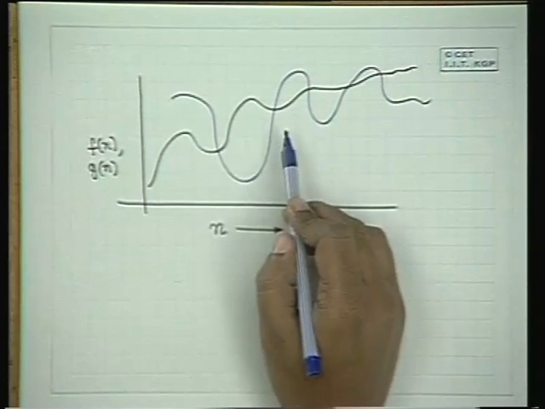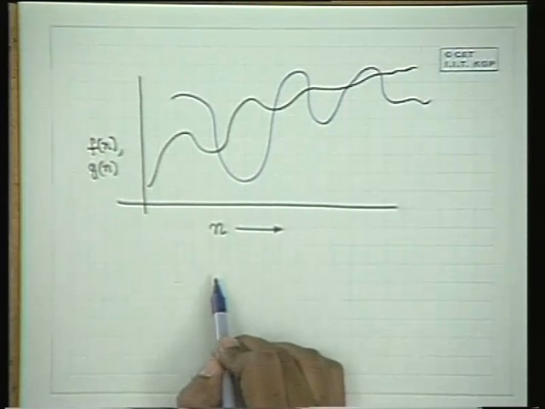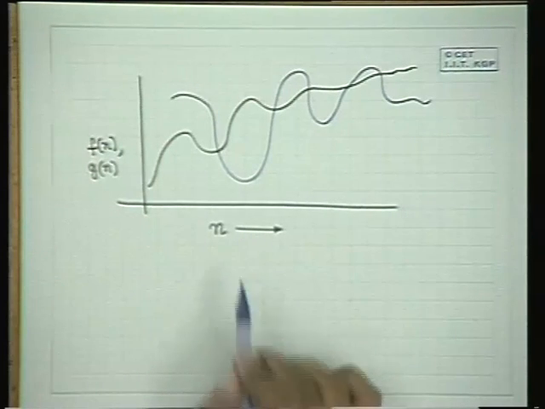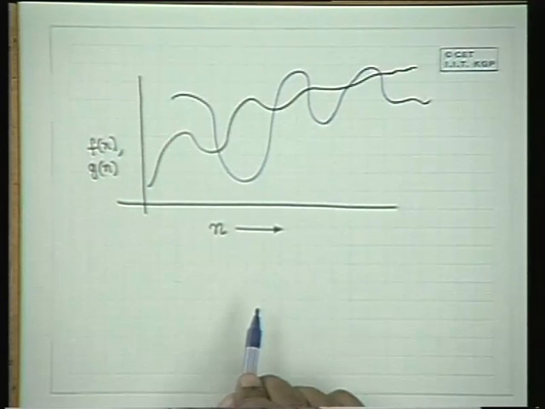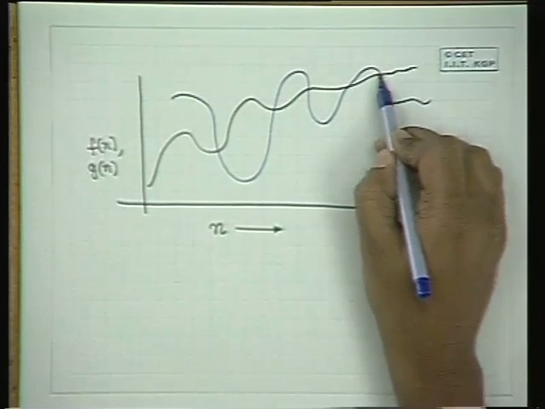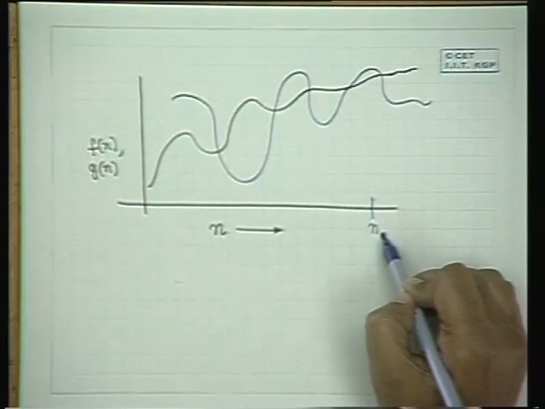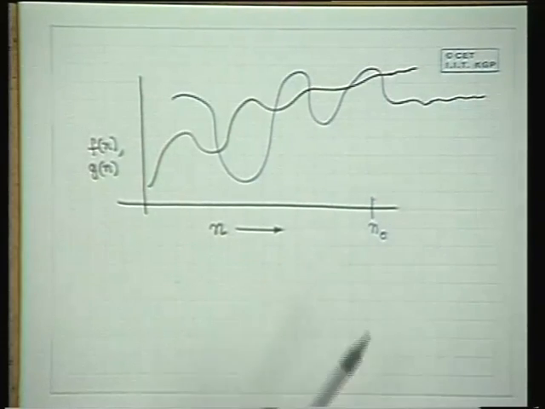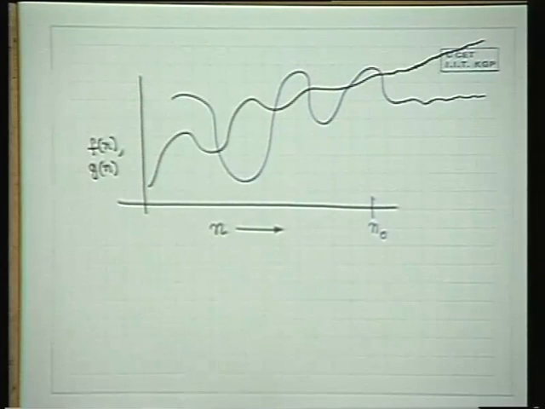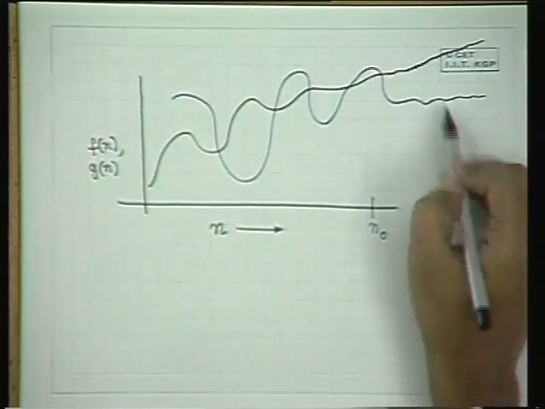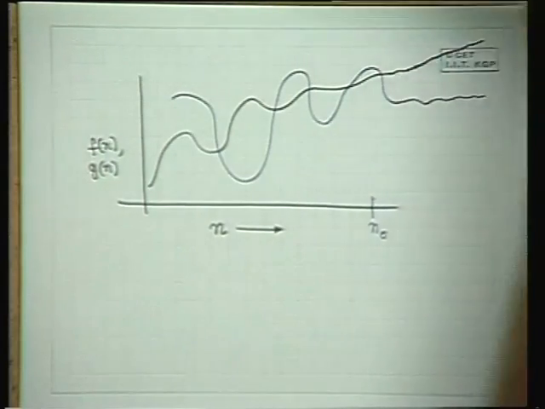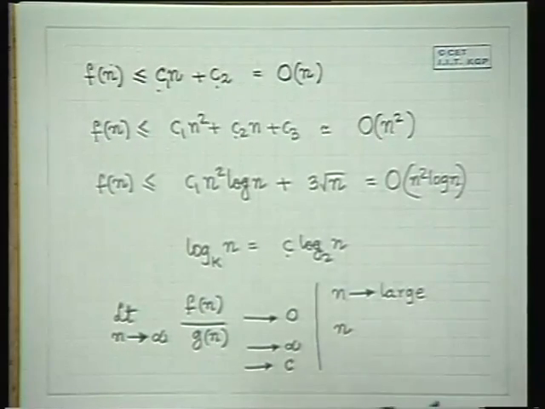But even this is meaningless because you have made all constants equal to 1, and on different computers they will take different amounts of time. But asymptotically you can say that beyond a certain point n0, this will always be less than this, whatever be the constants C1, C2, C3. This will be better than this, or both will be identical. That is what you do by this order of complexity.